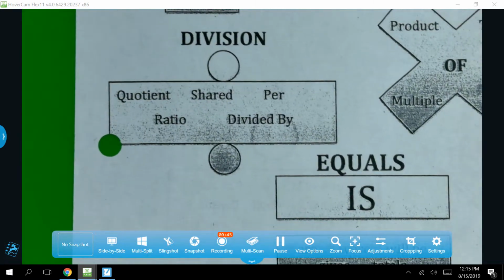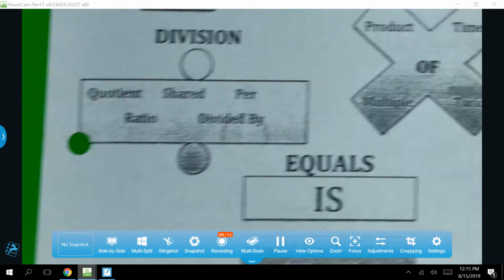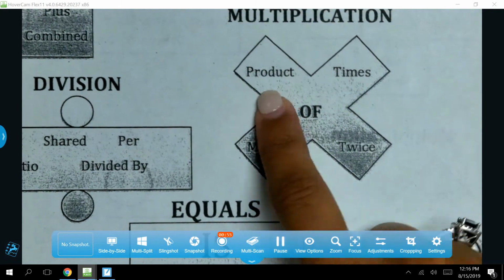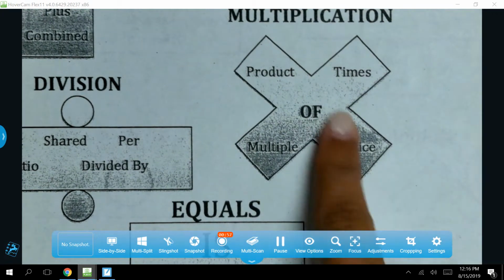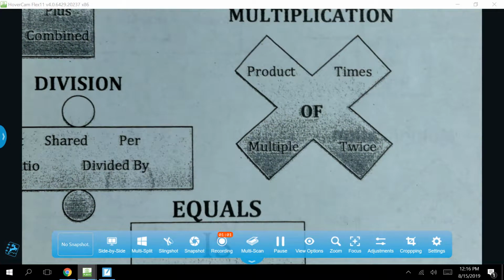Division, that's going to be quotient, ratio, divided by, any of those words. And then product, multiplication, you'll see product twice, multiply. Of is a big one. That's why it's a little bit bigger in the middle. If you see of, it's going to mean to multiply.